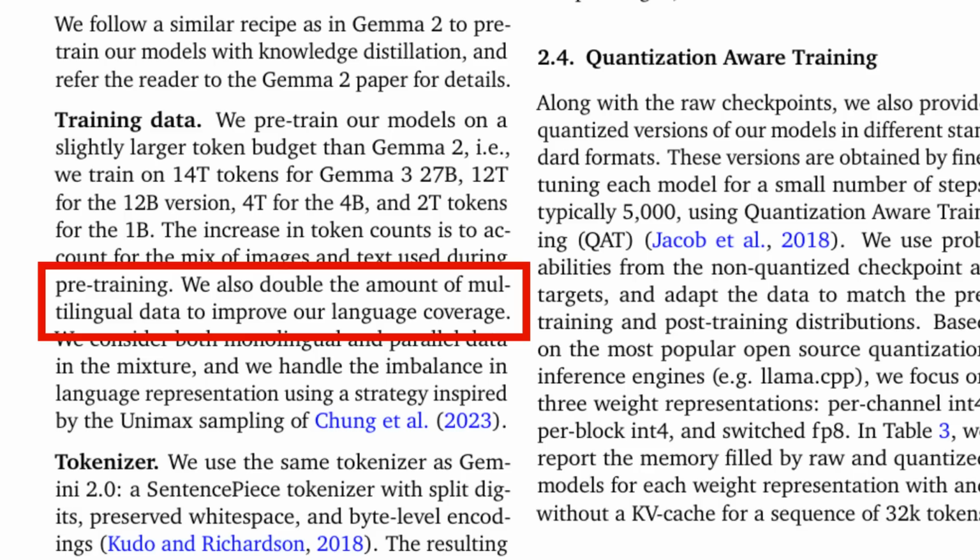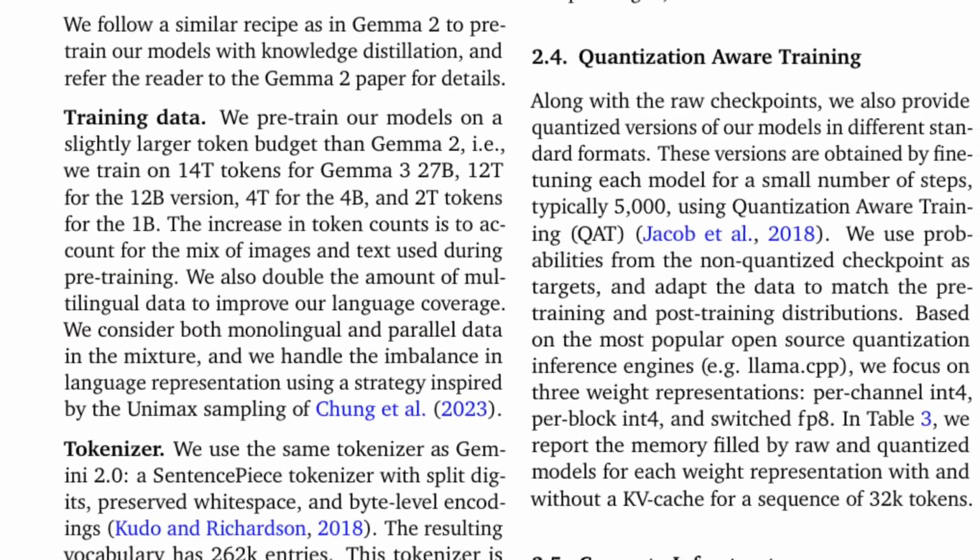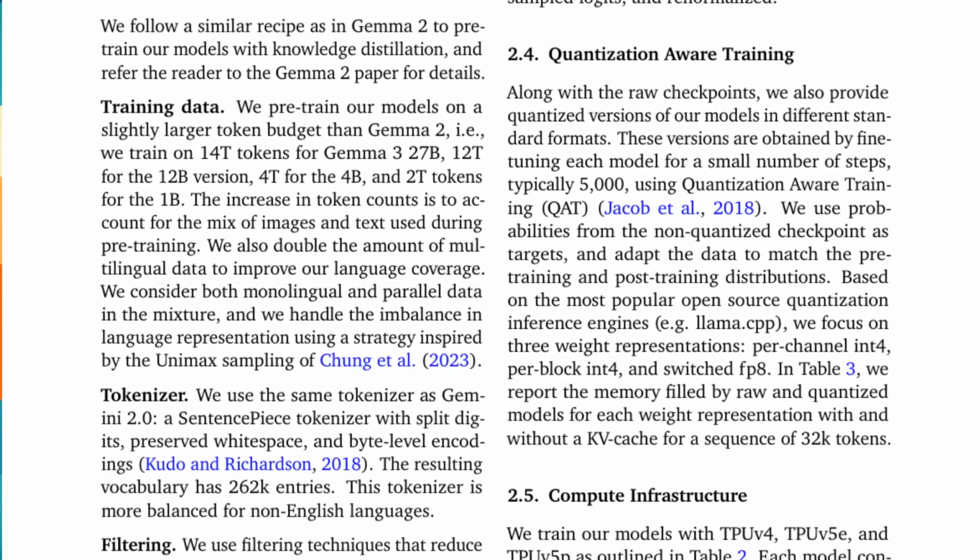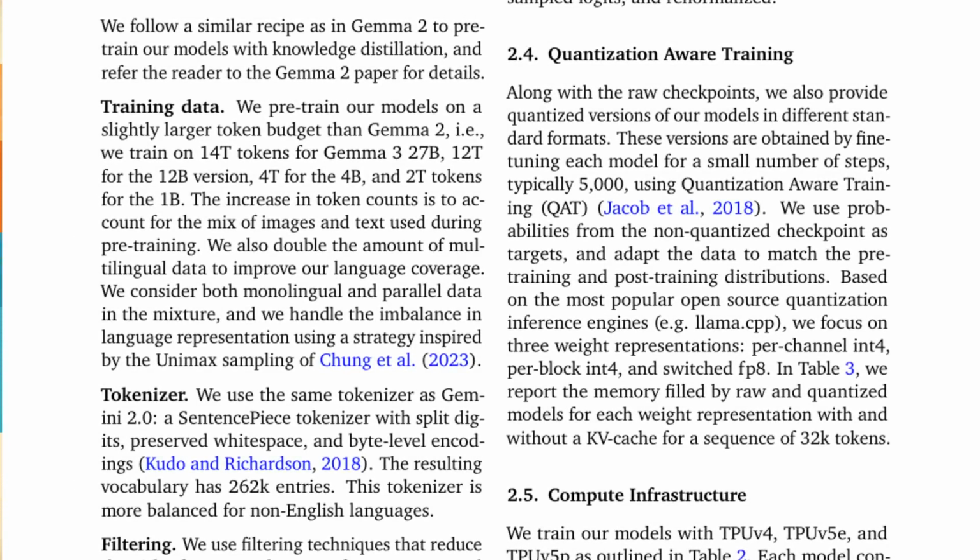So I think that combined with still using the 256K tokenizer that Gemma 2 had, which was very good for a variety of different languages, these models really open up the ability for people to use them for multilingual tasks, but also to be able to take them and fine-tune them for a very specific language, etc. So I would not be surprised if we see Gemma 3 being used a lot for language-specific versions, whether that's Korean, whether that's European languages, etc.